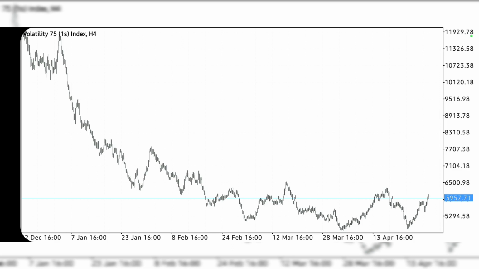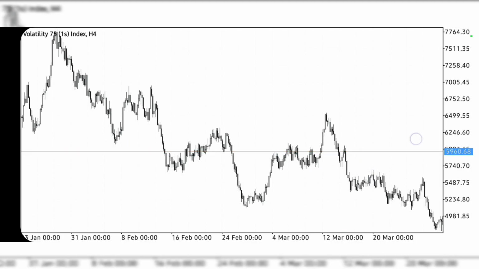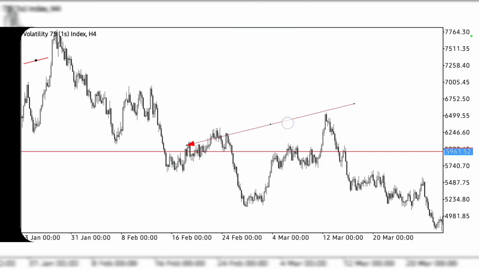Now when you check some time frames, you are going to see a break of structure, and when you check other time frames, you are not even seeing anything close to a break of structure. I'm going to give you an example. On this 4 hours time frame, what we have here is actually an inducement.